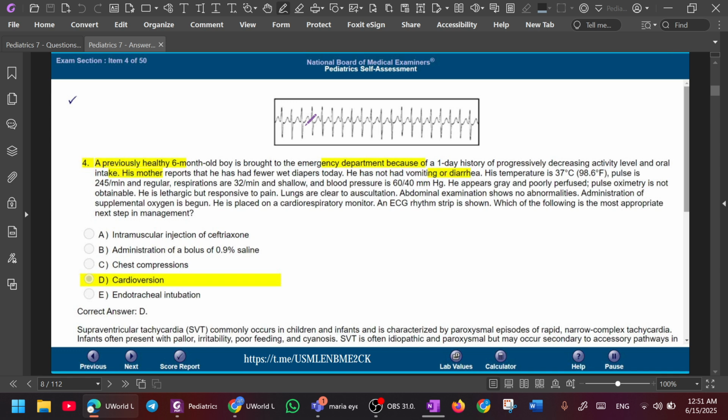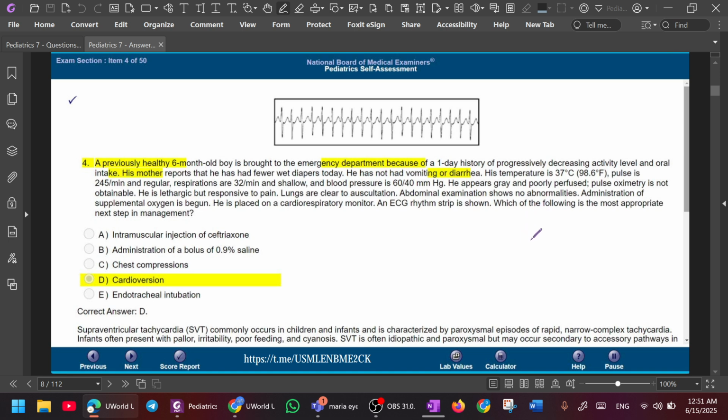So the two things you can see are the rhythm and the QRS complex. If the QRS complex is not wide, a very narrow QRS complex, then it may be SVT if the rhythm is regular. They told us the rhythm is regular.